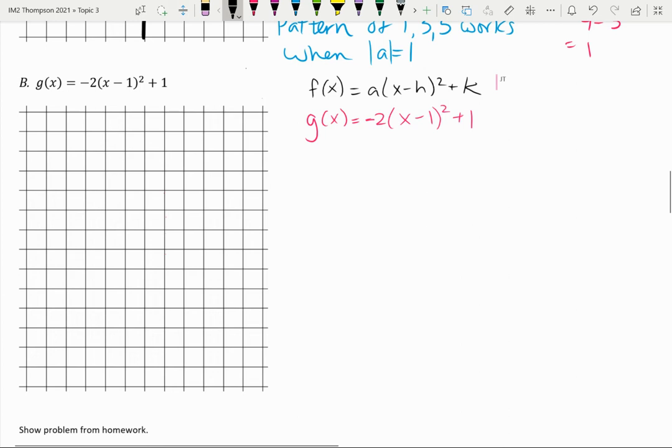Let's talk about some things in general that we can tell about this graph before we even get to the nitty gritty.